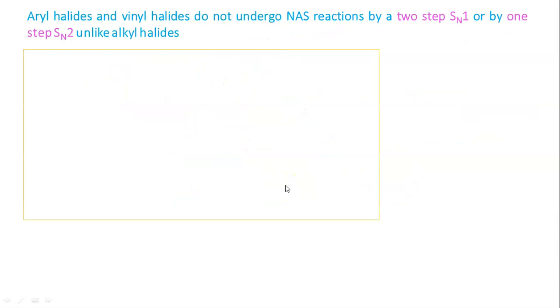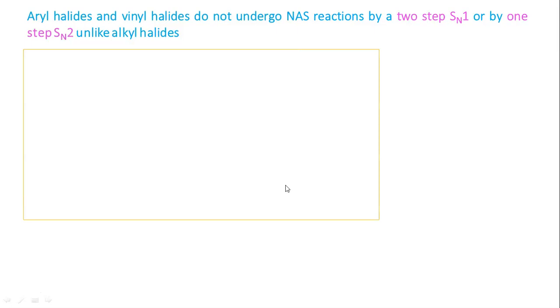Now there is a question: aryl halides and vinyl halides do not undergo nucleophilic aromatic substitution by two-step SN1 or one-step SN2, that we have seen in case of alkyl halides. So what are the reasons behind that? Here the SN1 mechanism that we are discussing is actually aromatic SN1.